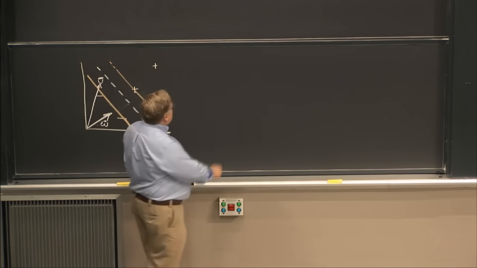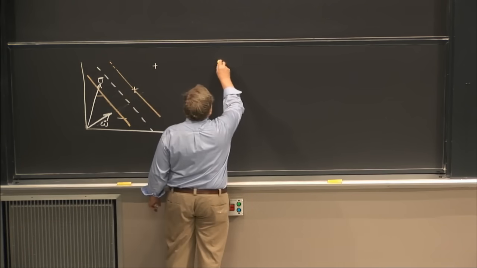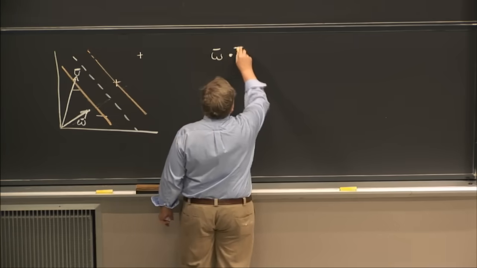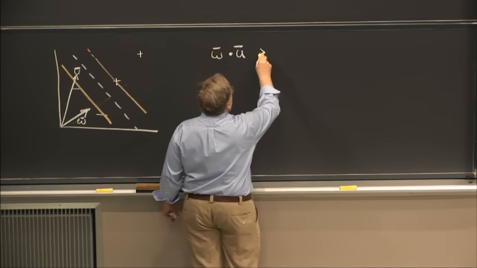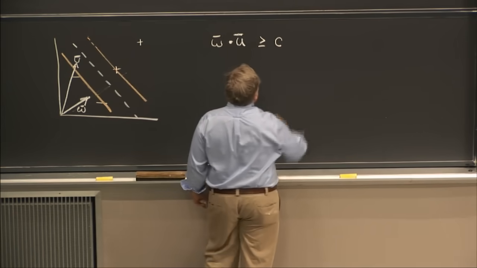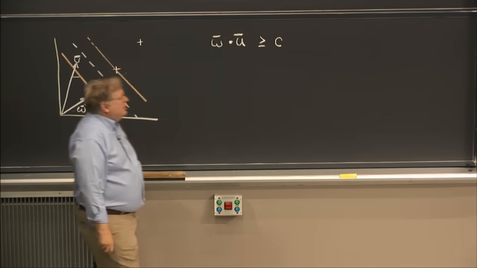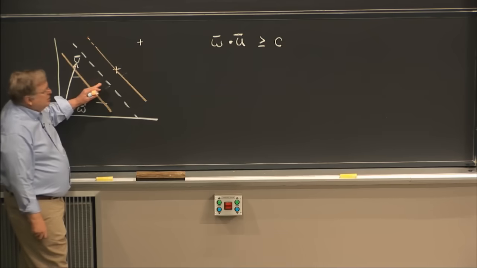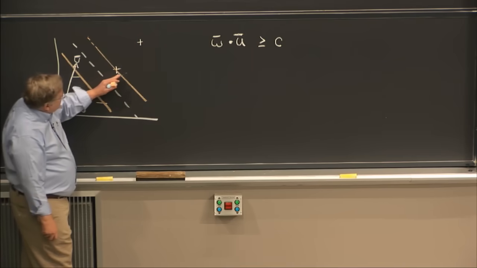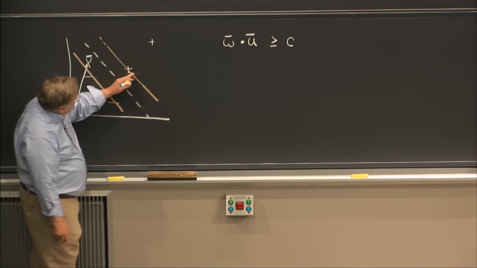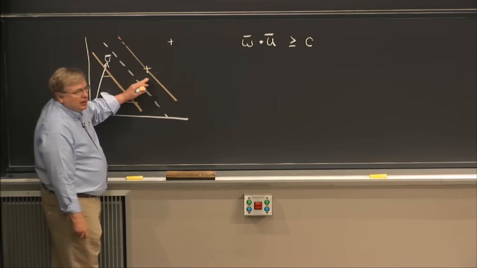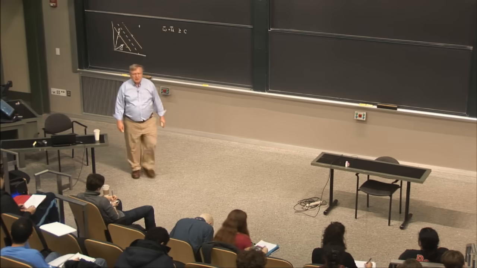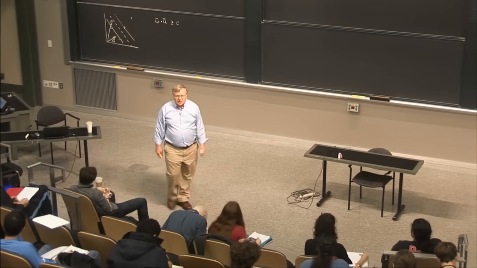So what we can do is say, let's take W and dot it with U and measure whether or not that number is equal to or greater than some constant C. Remember that the dot product is taking the projection onto W, and the bigger that projection is, the further out along this line the projection will lie, and eventually be so big that that projection crosses the median line of the street, and we'll say it must be a positive sample.